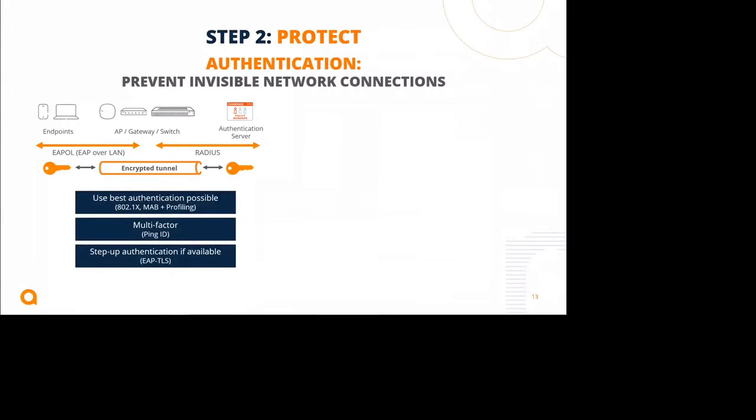On the protection layer, it's best to use the highest method of authentication where possible. That includes using encrypted tunnels wherever possible, using as much .1x based authentication as possible, possibly multi-factor authentication, profiling of devices, and stuff like that.